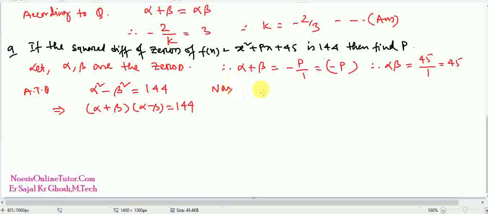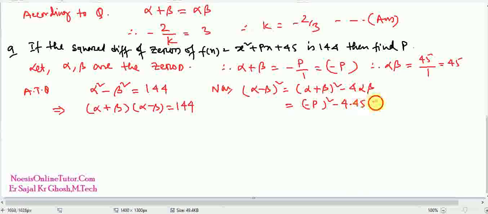Now alpha minus beta whole square equal to alpha plus beta whole square minus 4 alpha beta. It is already shown in earlier mathematics. Now this is equal to minus p whole square minus 4 into 45, that means p square minus 180. That is the value of alpha minus beta whole square.